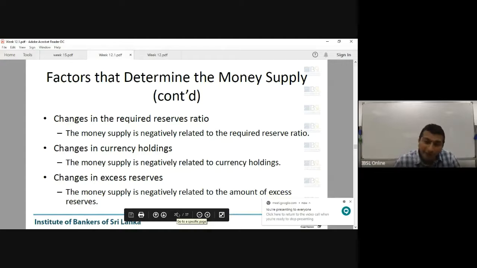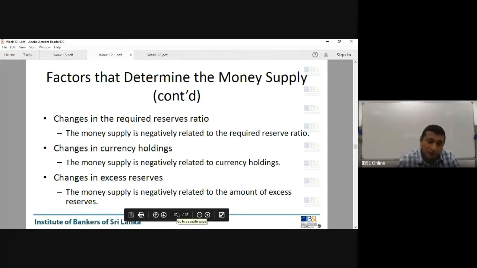Whenever you loan, you create a checkable deposit, so you can go on by doing that. But see the factors which are positively related to determining the money supply, and factors that are negatively related to determining the money supply.